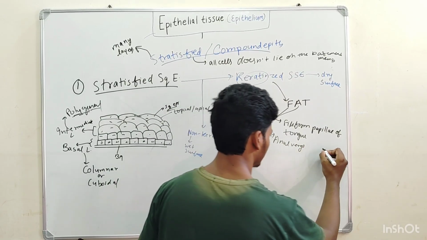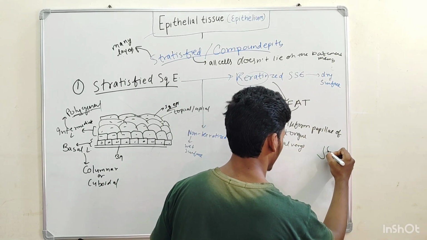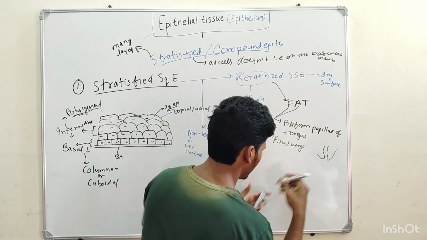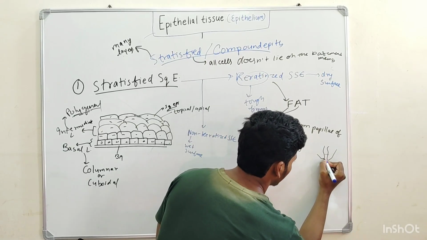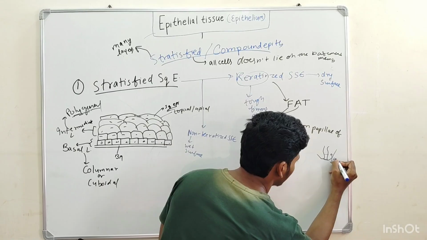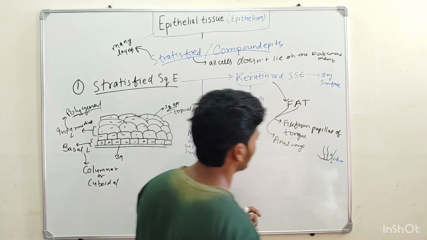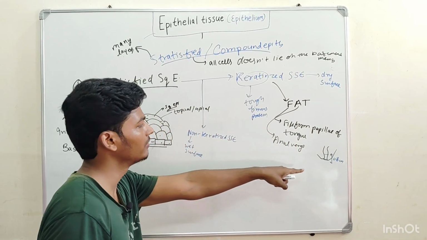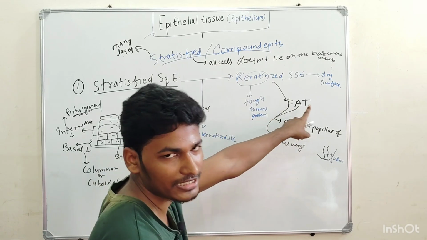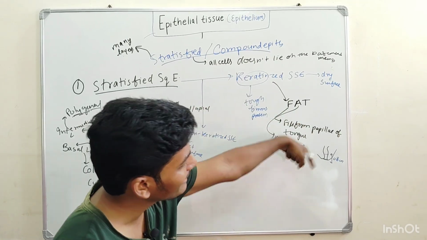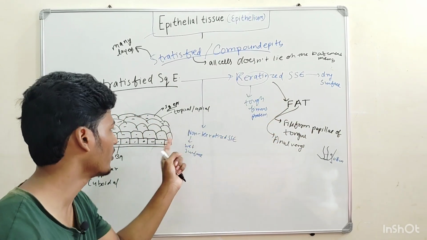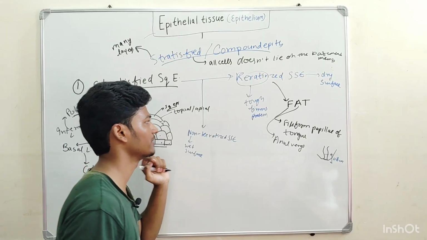Actually, the outer 0.8 centimeter outside of your anal canal is lined by keratinized stratified squamous epithelium, and inside it is lined by non-keratinized stratified squamous epithelium.